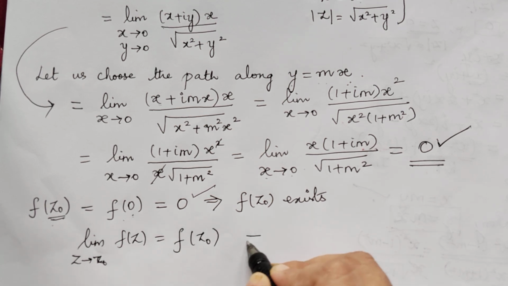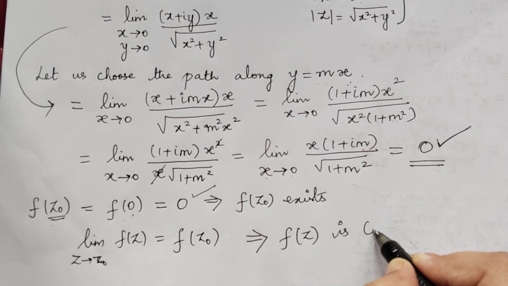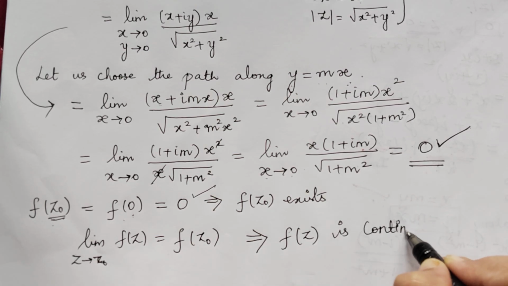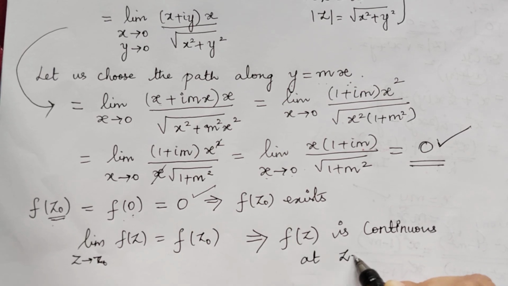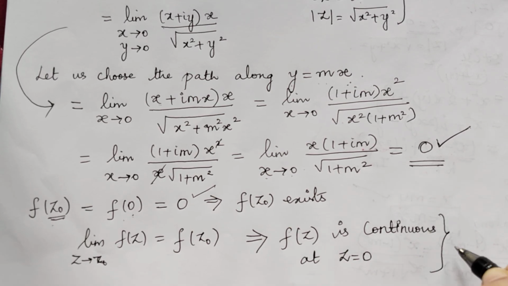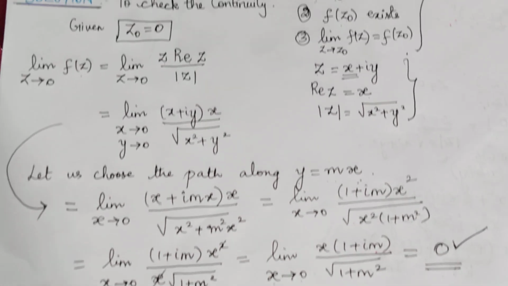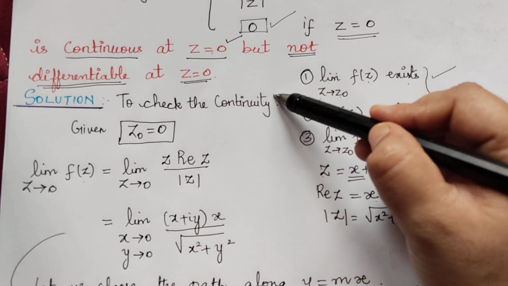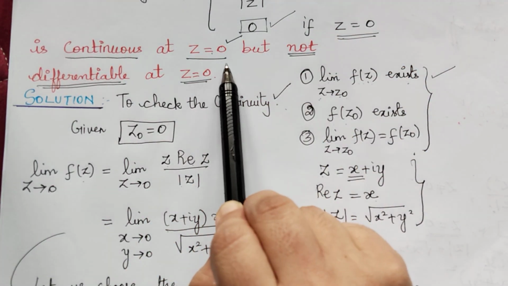Therefore this implies f of z is continuous at the point z equal to 0. So we have proved the first required part of the proof, that is, we have checked the continuity, and of course the given function is continuous at the point z equal to 0.